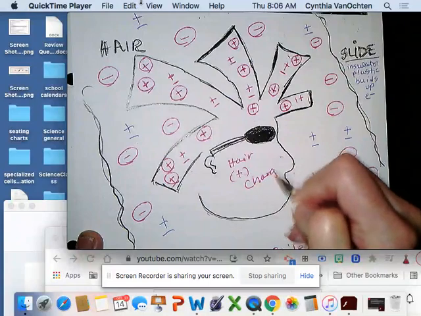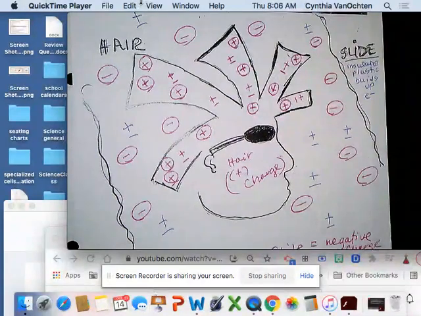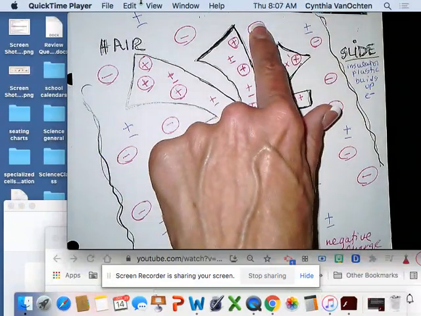So why does the hair stand on end? Does anybody have any ideas? What do you think, Lakin? They're opposites, and then they repel each other. So they're attracting each other, so the hair is attracted to the slide?